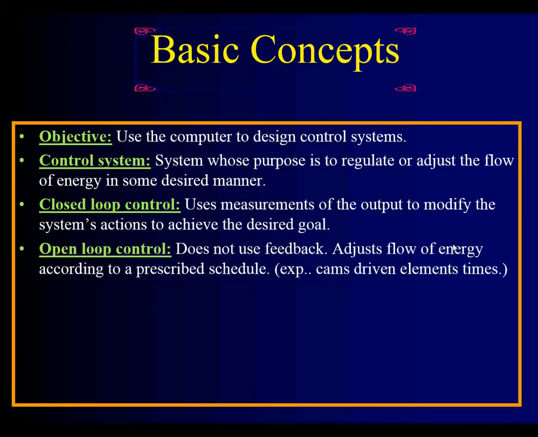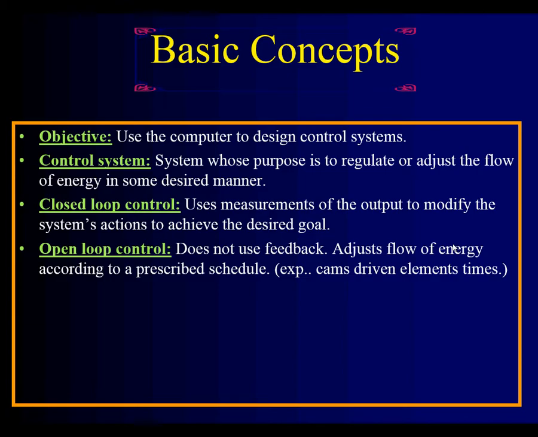An open loop system does not use feedback at all. It adjusts the flow of energy according to some prescribed schedule. The programmed lights, for example, could be a perfect example of open loop systems.